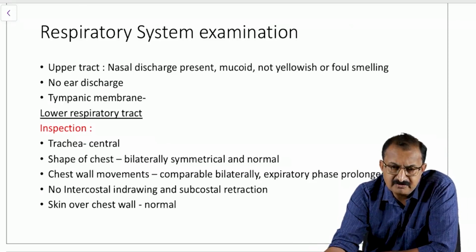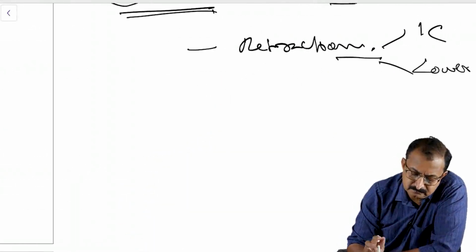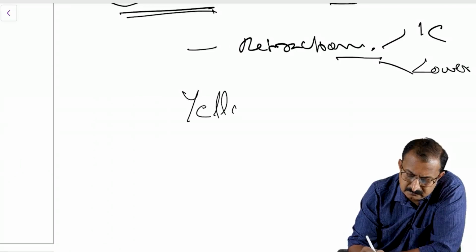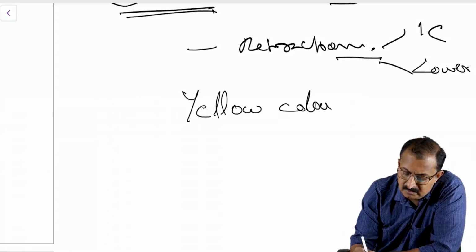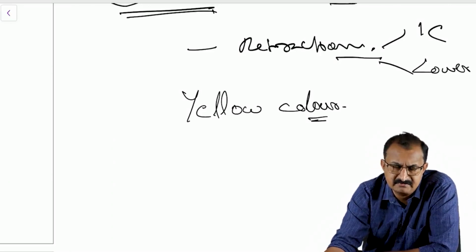In most upper respiratory infections, initially the nasal discharge will be watery. Later on it becomes mucoid, then whitish or yellowish, and then it improves. So the yellow color of the nasal discharge doesn't mean that there is a bacterial infection.